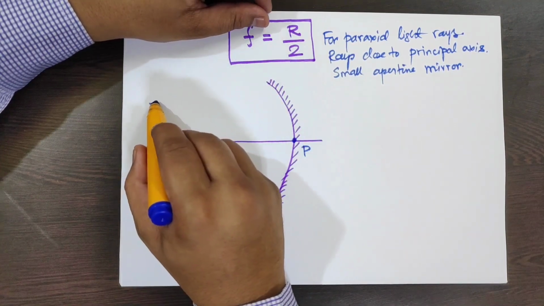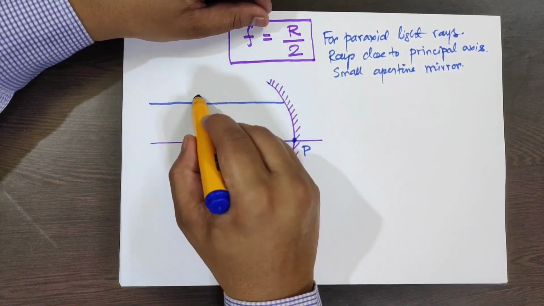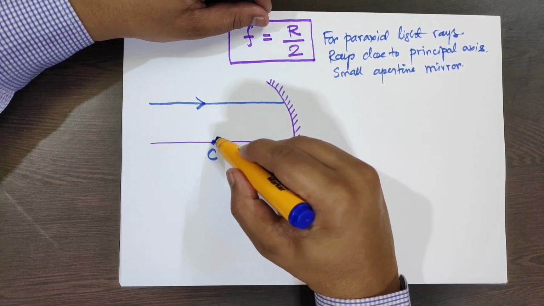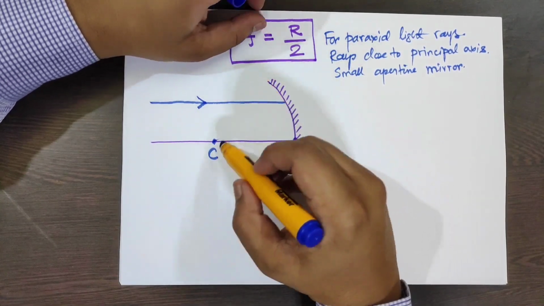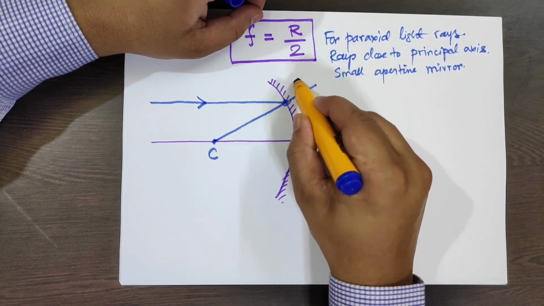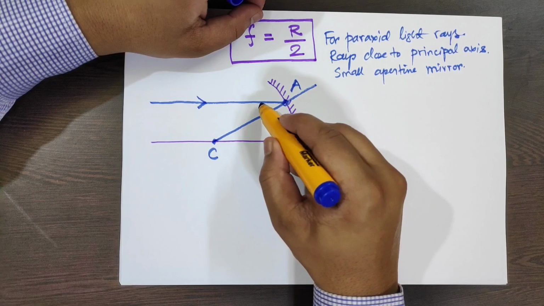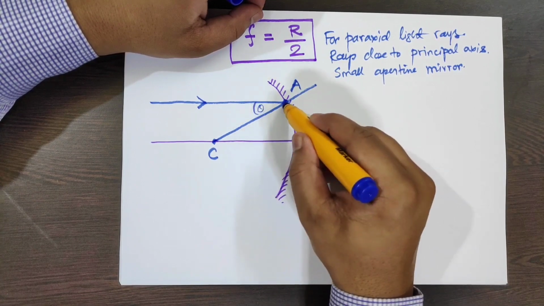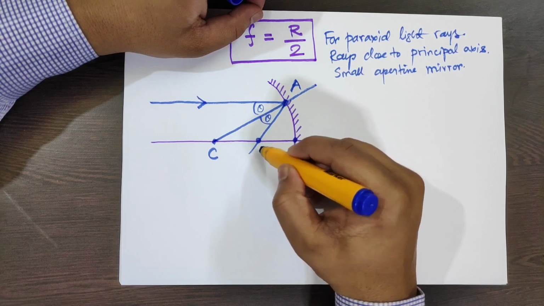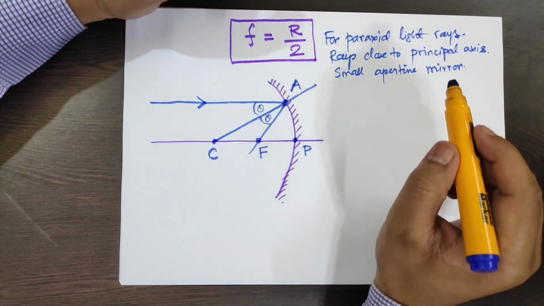Let's prove this. So this is the incident light ray and this is the normal. Suppose this point is A, so it will follow the laws of reflection, and this is the focus.